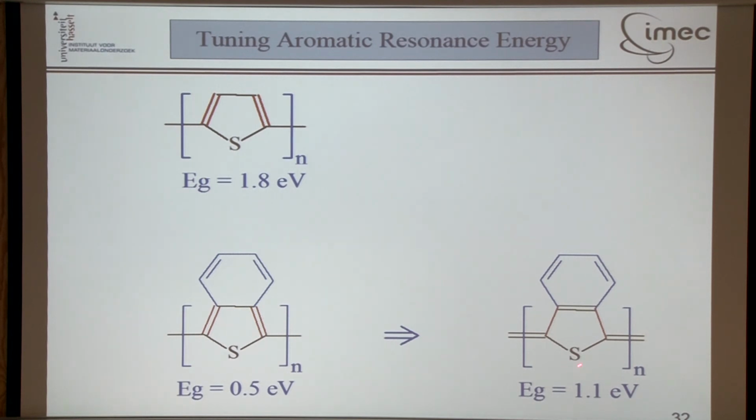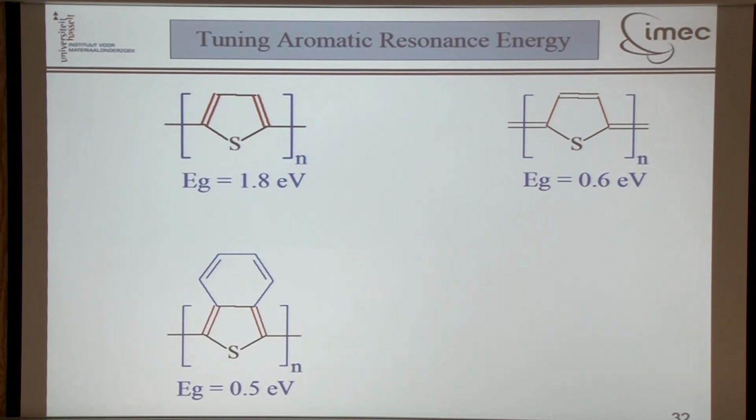And actually that was quite a surprise, that this predicted band gap fitted very well with the observed band gap. But it took a while. Certainly if you look at publications nowadays, if they publish about isothiophene, they still draw this structure, although it's actually this structure. But okay.